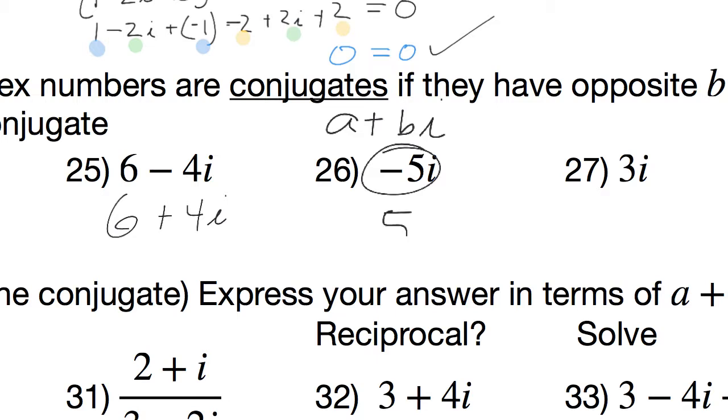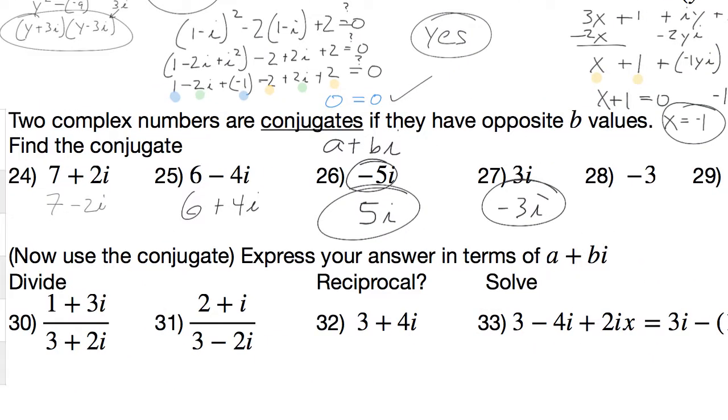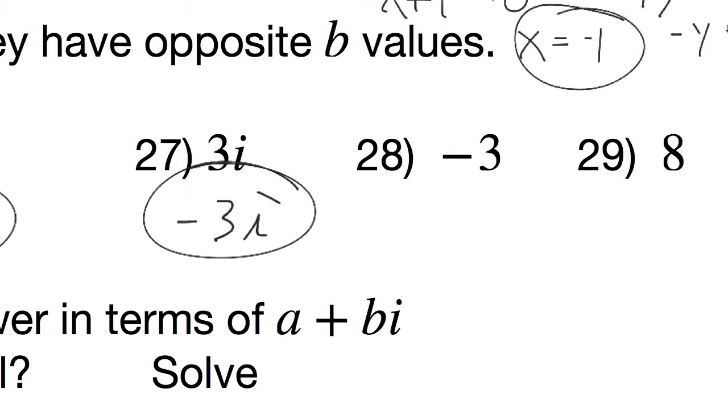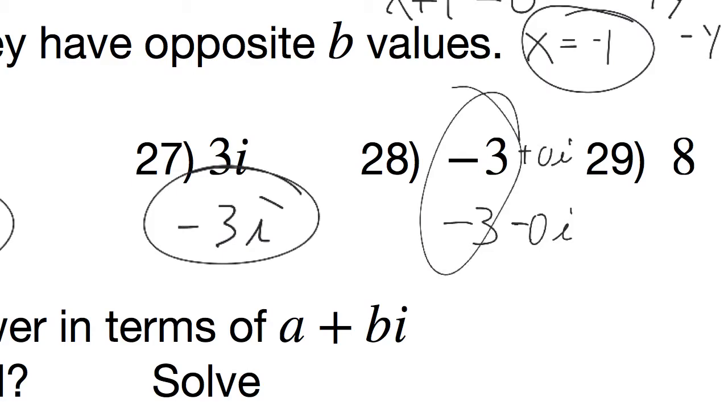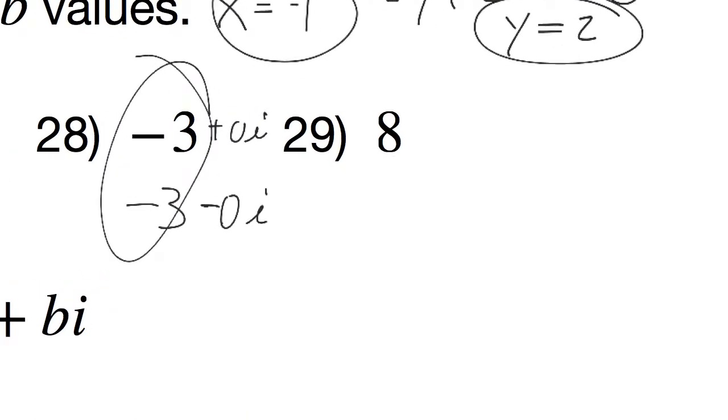The conjugate would be 5i. And this would be negative 3i. The conjugate of negative 3 is actually still negative 3. You can think of it like this: negative 3 plus 0i, negative 3 minus 0i. In any case, negative 3 is its own conjugate. And the same thing for 8. 8 is its own conjugate.